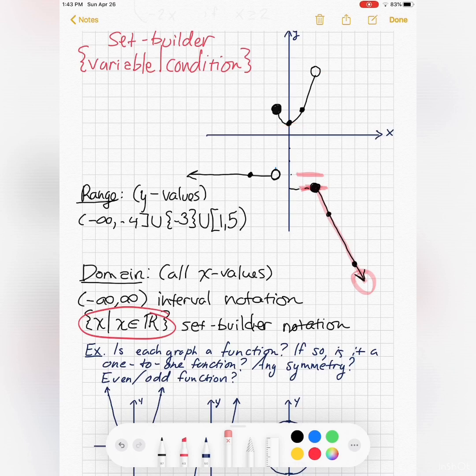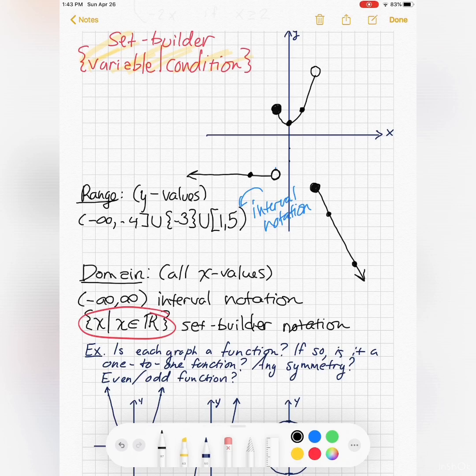Okay, so my range, let's see which notations we're looking at. So that is the interval notation. It's the one where I'm using brackets and parentheses. Now I'm going to write the set notation. Set notation, I'm using this template.